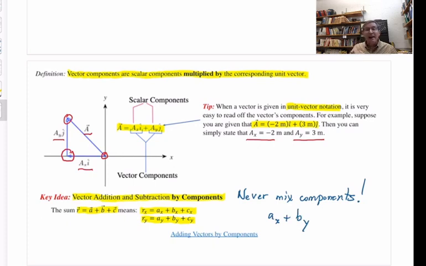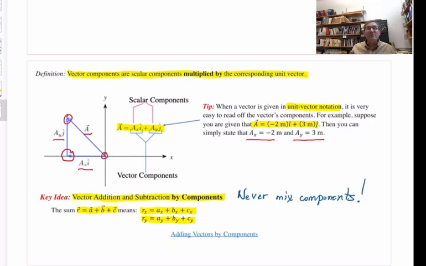You can only add like components. Okay. Now, let me emphasize one more thing, and then I'm going to show you an animation with vector addition. This approach of working with components to get a resultant vector works if you're subtracting vectors too, or maybe doing a complicated calculation where you're adding and subtracting.